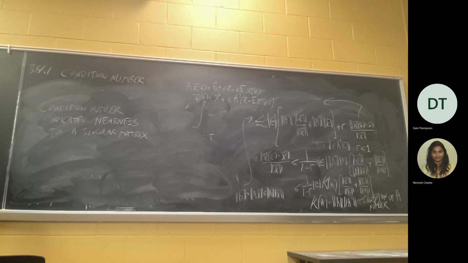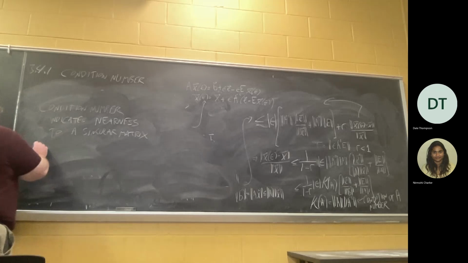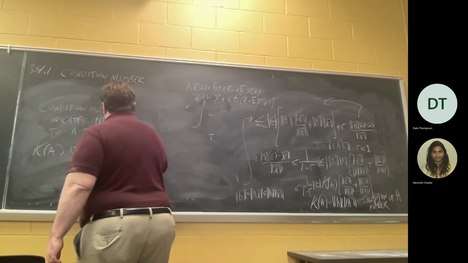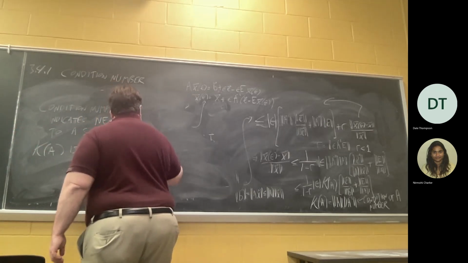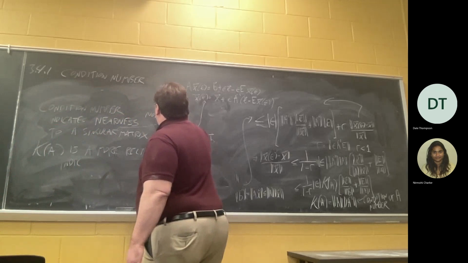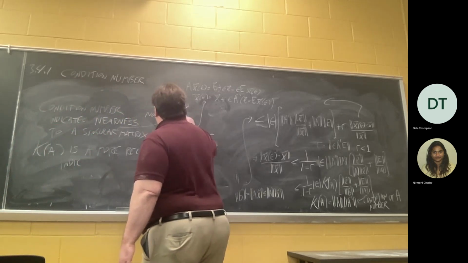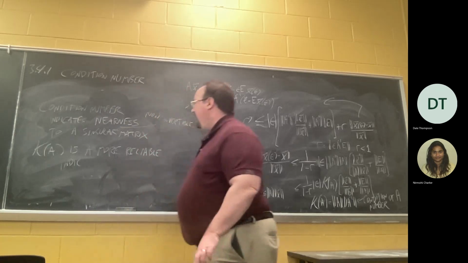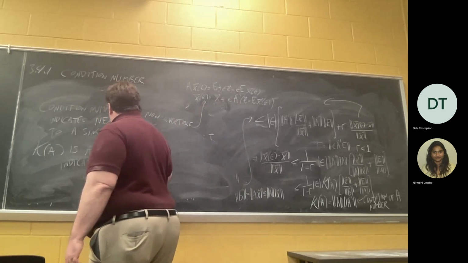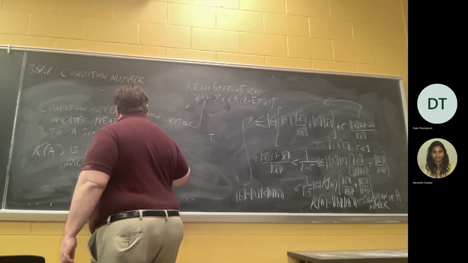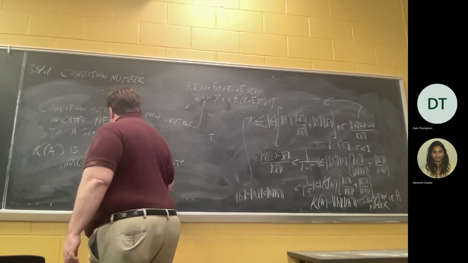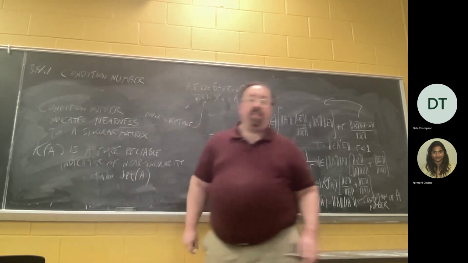Now, the condition number is a more reliable indicator of near singularity than the determinant of A. And remember, singular means non-invertible.